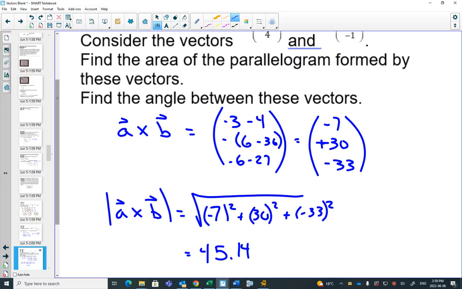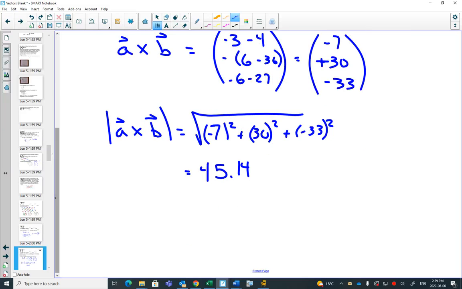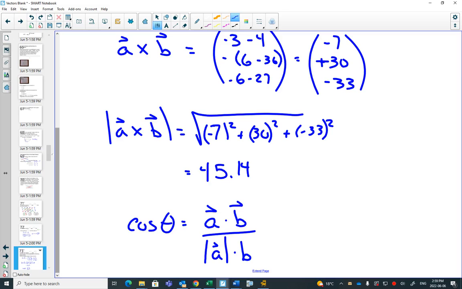So using the dot product, cos of an angle theta is A dot B over the length of A times the length of B.